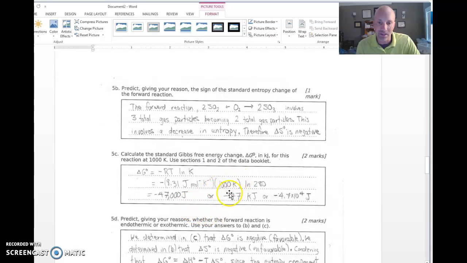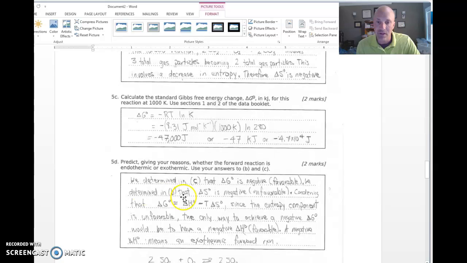Therefore, that's going to end up governing the number of significant figures in the final answer. So any of these values right here would be considered correct. Make sure when you give your answer here that you give units, because depending on whether you're giving it in kilojoules or joules, it could totally change the value. So my guess is that if you just gave a number without the units, you're going to be losing some credit for that.